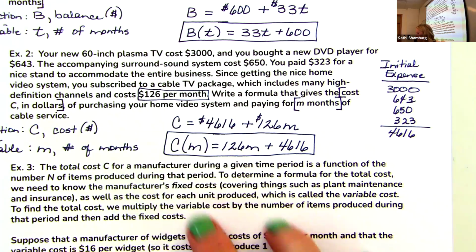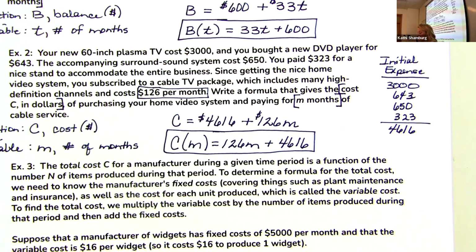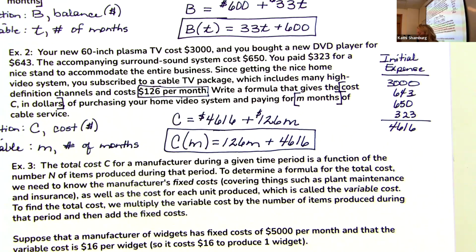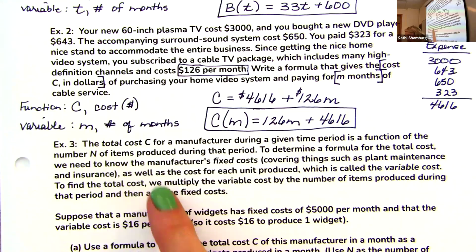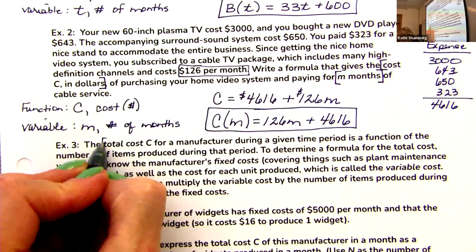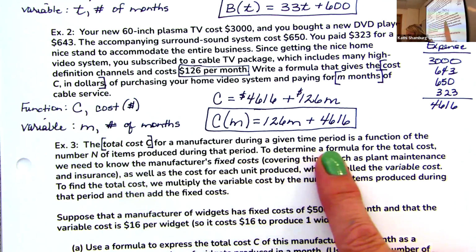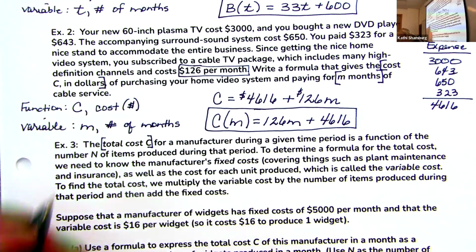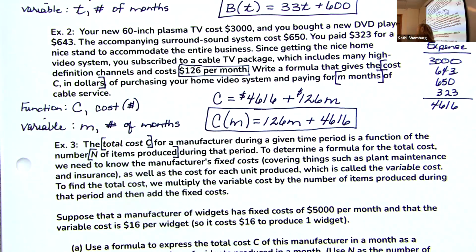All right, all we're going to do on this example is set up our function and identify our function and our variable, and then we're going to look at the quiz. Total cost C for a manufacturer during a given time period is a function of the number N of items produced during that period. Now notice how they're both capital. So is C or N my function? Cost.